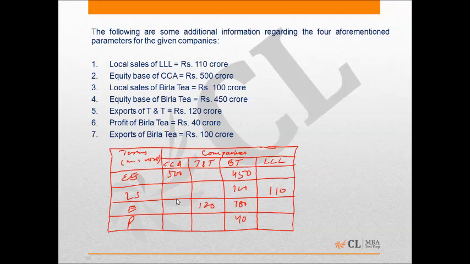Now we have some cells which are blank, and we have some additional information, and by using that information we'll try to fill the remaining cells. So before going back to the initial information, let's fill these cells with variables like a, b, c and so on.